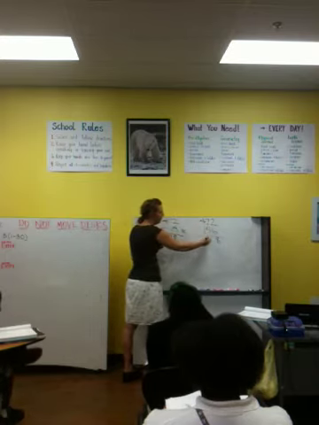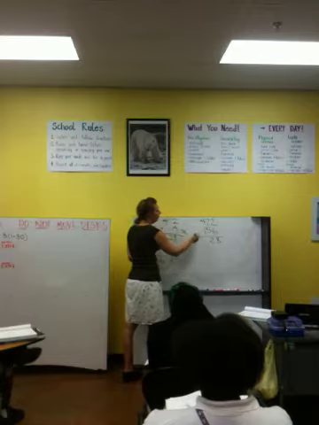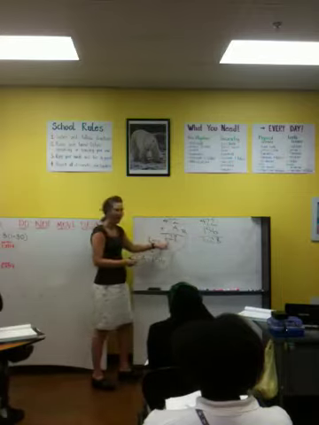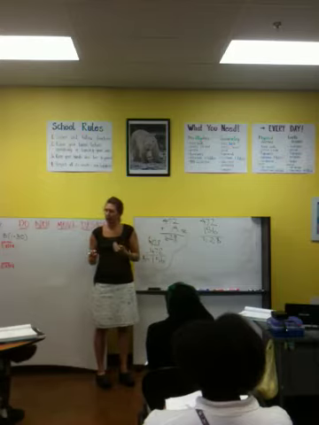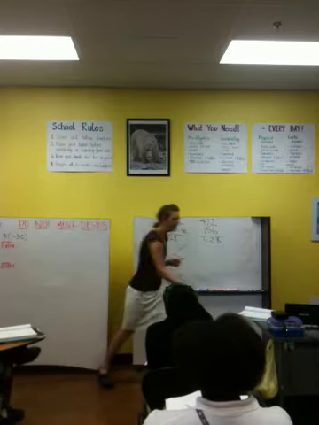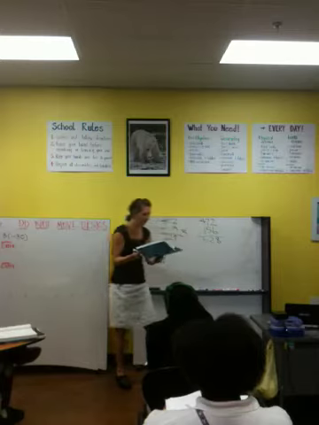Shout it out. This is your one time to talk out loud. 12. Carry the 1. 6. Looks right. So we can always check our work to make sure it comes out the way we want it to. Beautiful.